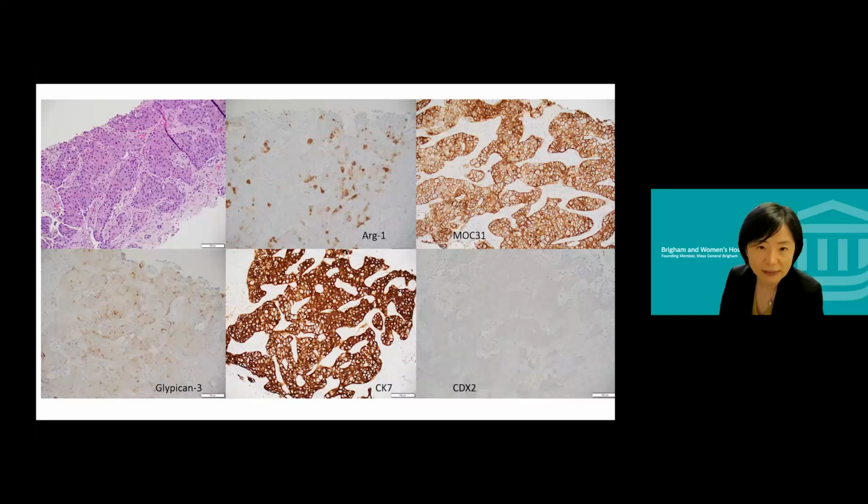So based on this, if this is all we have, I think because the tumor shows a lot of eosinophilic cytoplasm, in other words, hepatoid appearance, and also two hepatocellular markers, arginase 1 and glypican-3, being positive, I would favor this to be hepatocellular carcinoma based on morphology and the immunohistochemical profile.